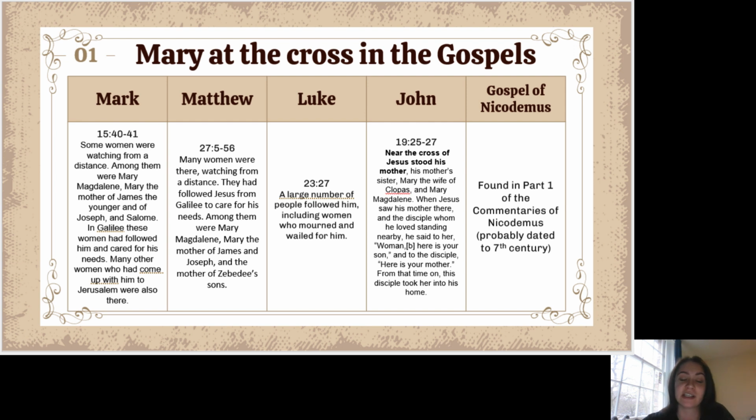Now, whilst John doesn't mention Mary by name anywhere in the gospel, in fact, Mary is only mentioned twice throughout the Gospel of John, this crucifixion narrative being the one and the other one being the wedding at Cana. She is mentioned here directly and is also the first person that Jesus speaks to from the cross, which really speaks to her prominence.